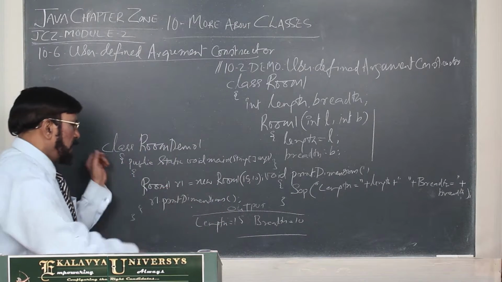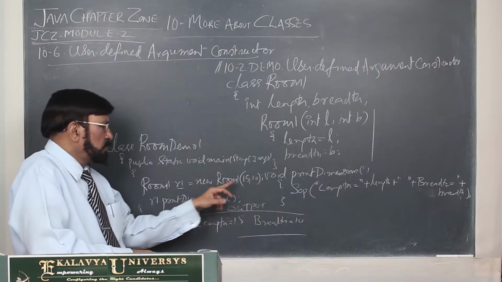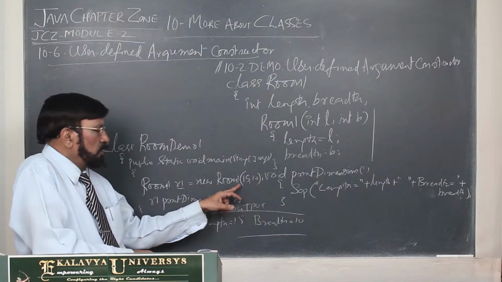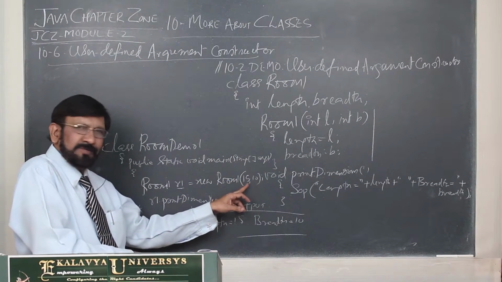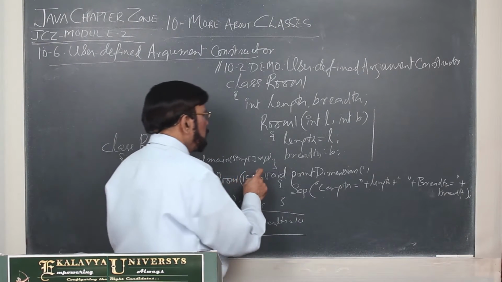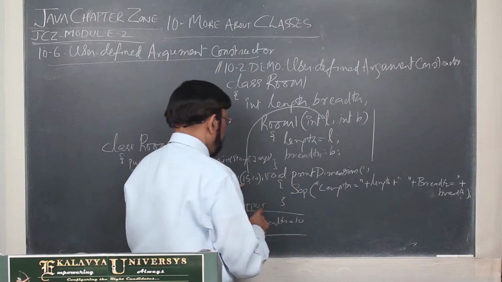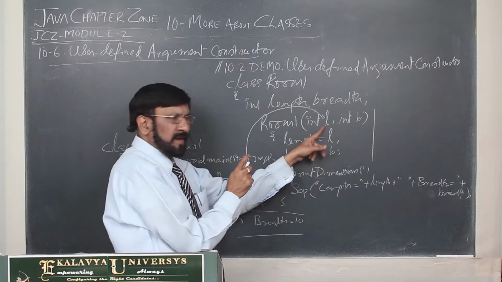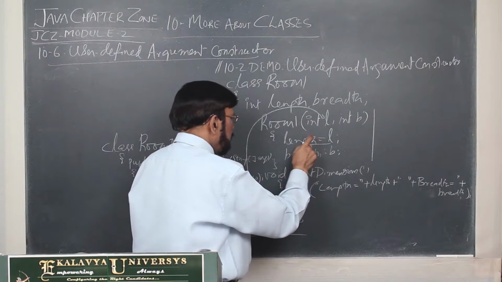In this, R1 object we have created, Room1 R1 = new Room1. Now we have given arguments. Actually, for the constructor we are giving arguments 15 and 10. So how they go, you have to understand. Now 15 is assigned to L, and in turn the L value is assigned to length.